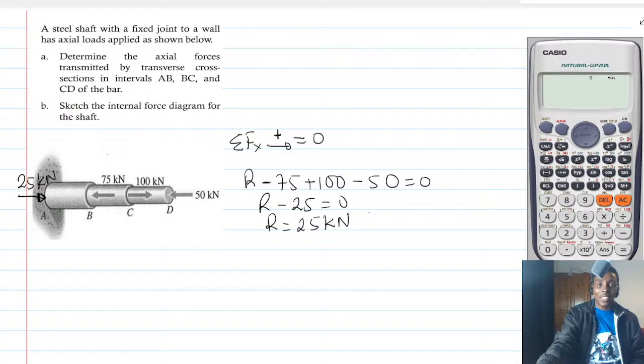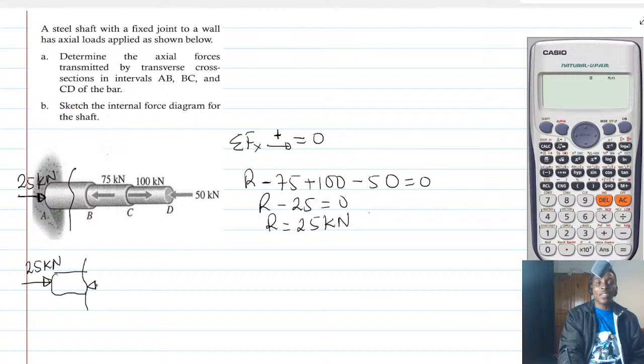We just have to cut again. Alright. So let's quickly do this. I'll cut between here. Now if I cut this, it will look like this. So this is 25 kilonewton. Now the force here is FAB. And what do you think FAB is going to be?